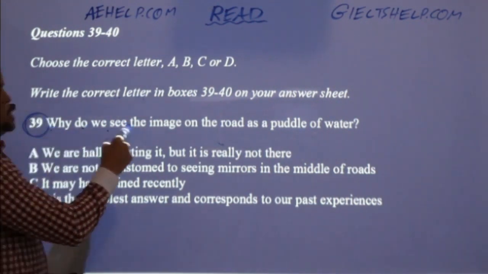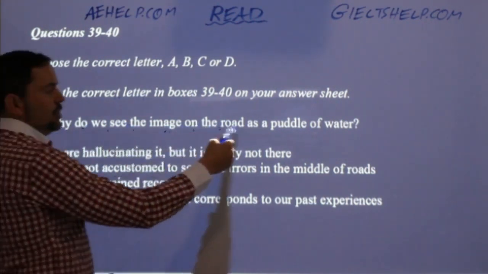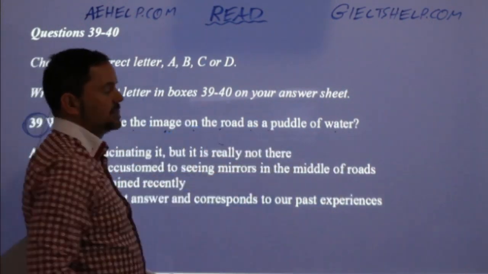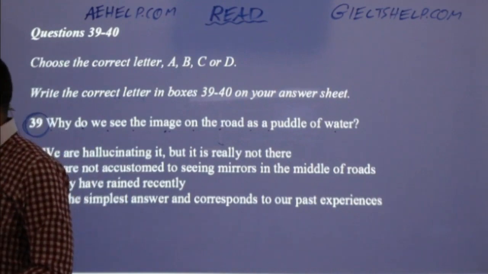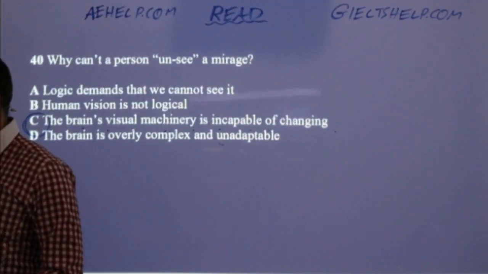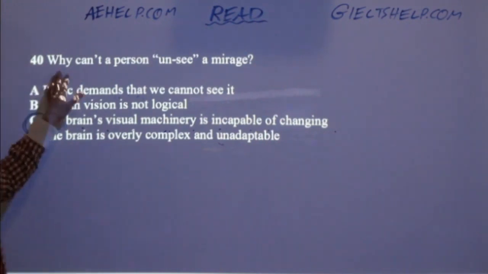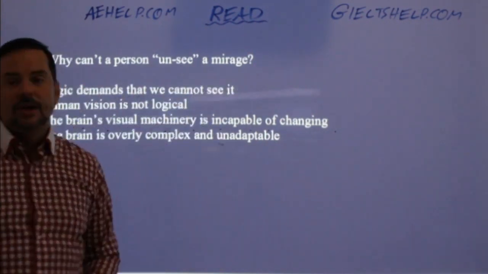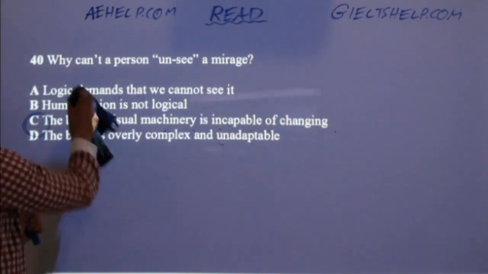Why do we see the image on the road as a puddle of water? So only read that. Don't read the choices. That's a waste of time and confusing. And then number 40, why can't a person unsee a mirage? Okay, good. All right, so far so good.